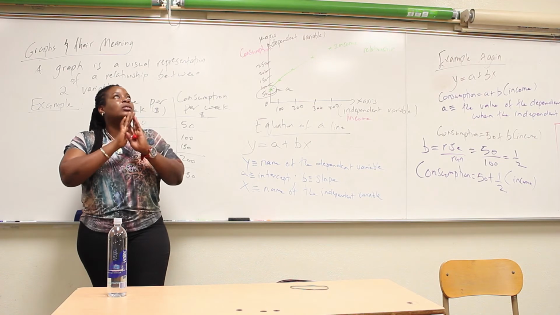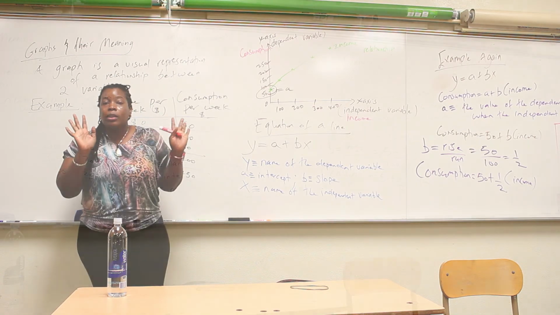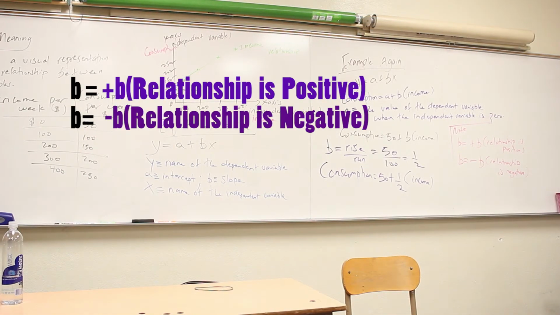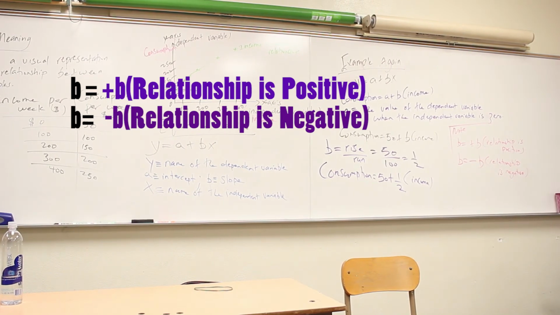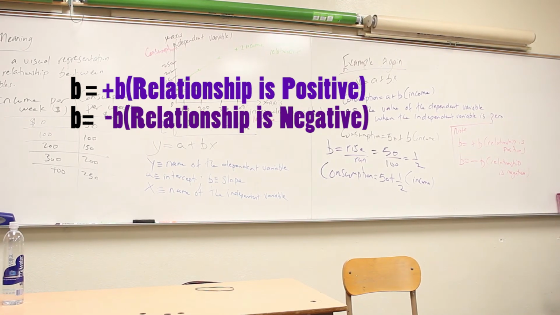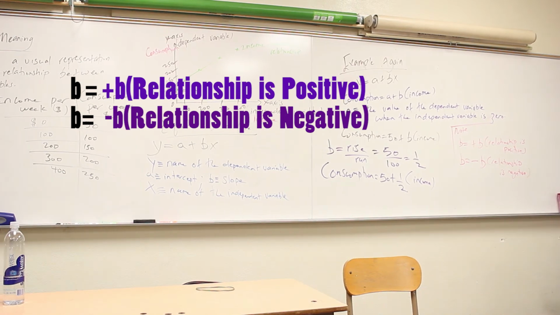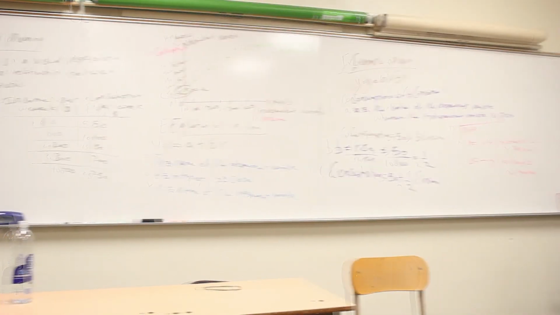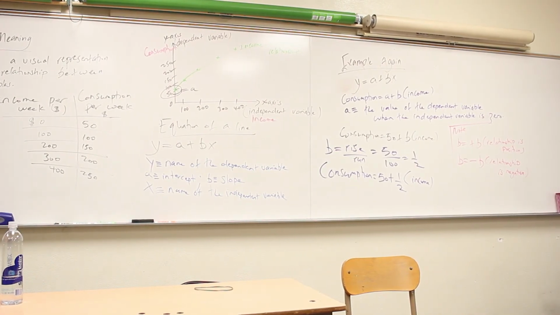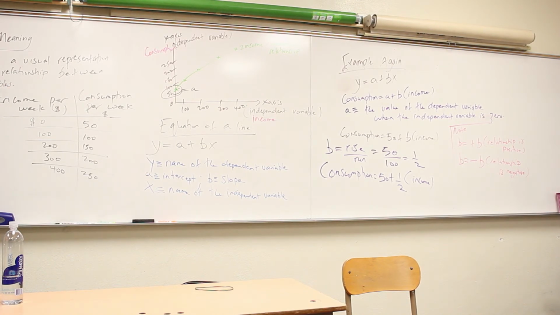Negative relationship, you're still doing rise over run, but when you drop it in the equation, you put a negative sign. So the note is: B is equal to plus B if the relationship is positive, and minus B if the relationship is negative. Because this is a positive relationship, you put a positive sign in front of the B.